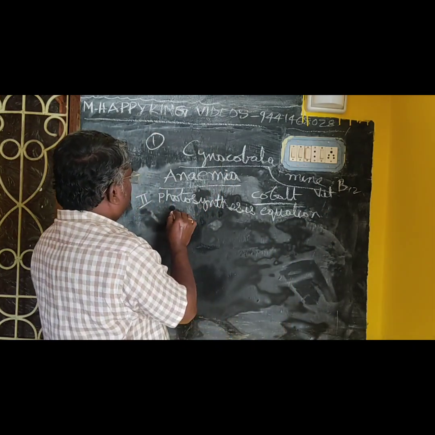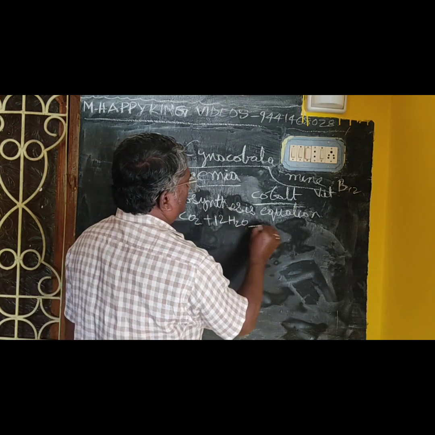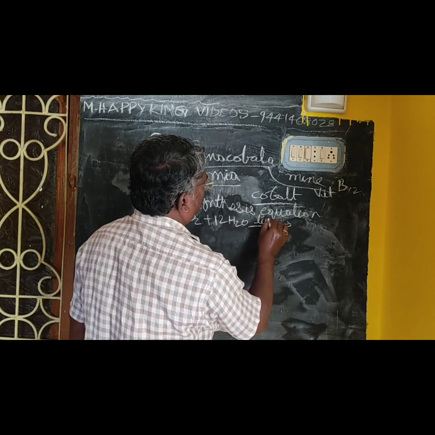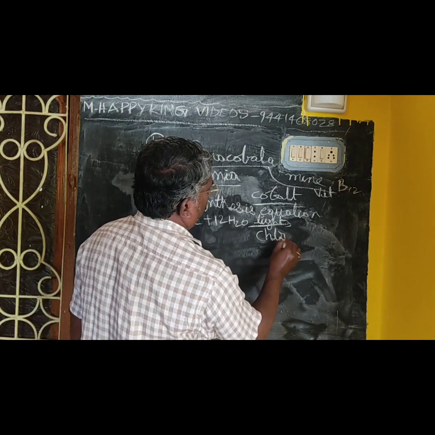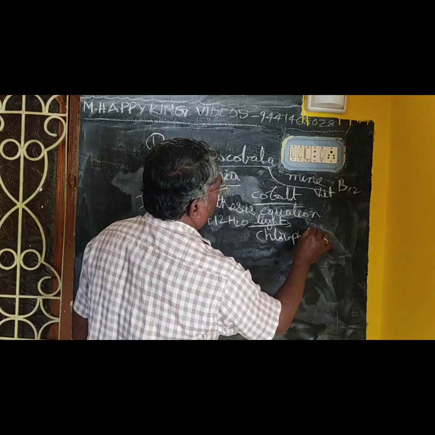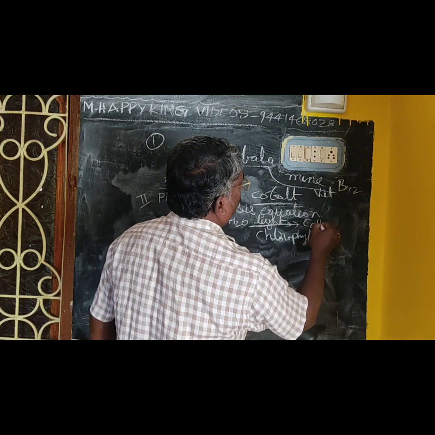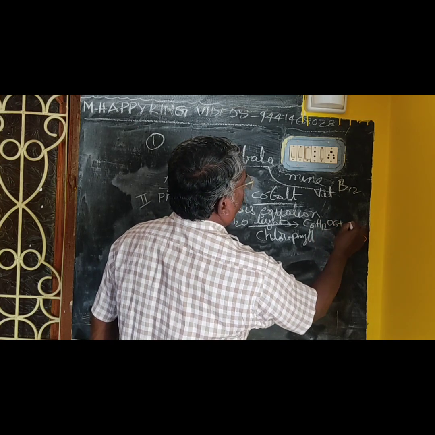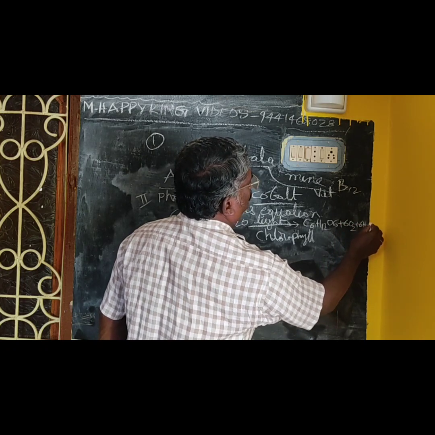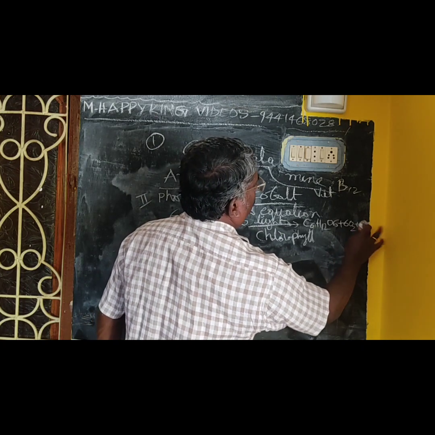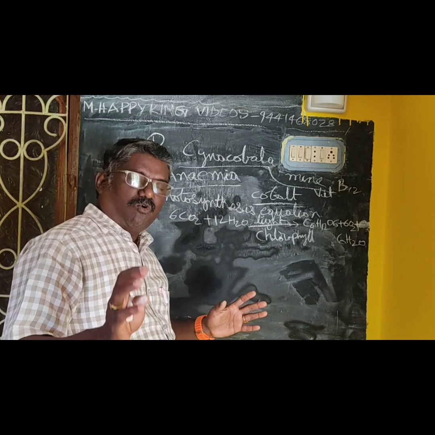You know that 6 CO2 plus 12 H2O gives, in the presence of light and chlorophyll, the products C6H12O6 plus 6O2 plus 6H2O. This is the equation of photosynthesis.